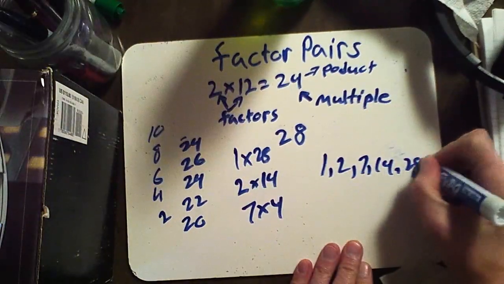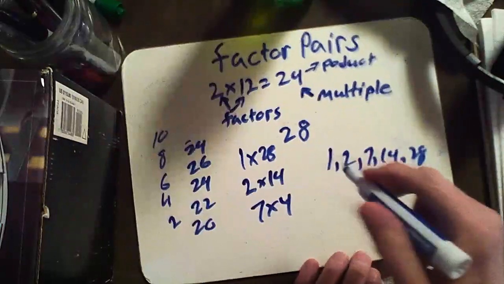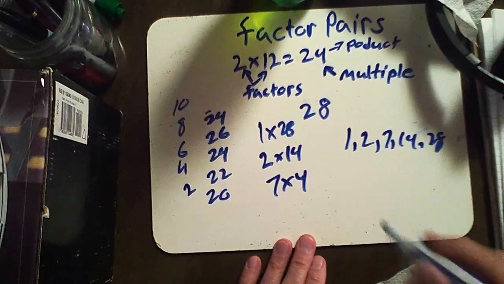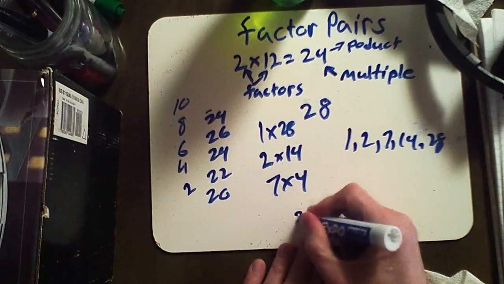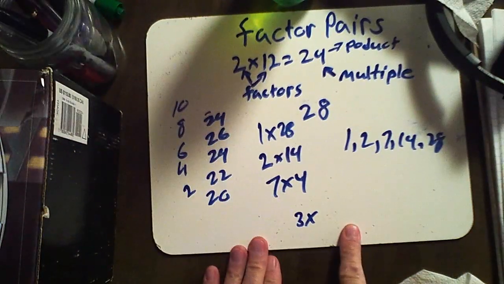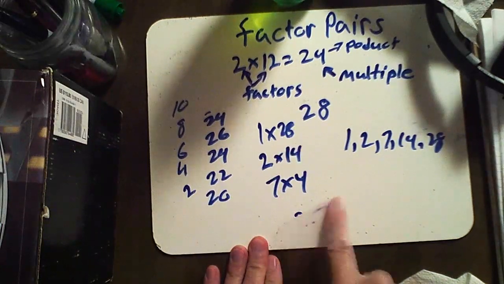But what if you said, well, Mr. Jensen, I think 3 is a factor. Isn't 3 a factor of 28? Well, how could you test that? There's all kinds of ways to test. Well, first of all, does 3 times anything that you can think of equal 28? Nothing comes to mind for me. I can't think of any multiplication fact of 3 times anything that equals 28. All right? But you could test it further.